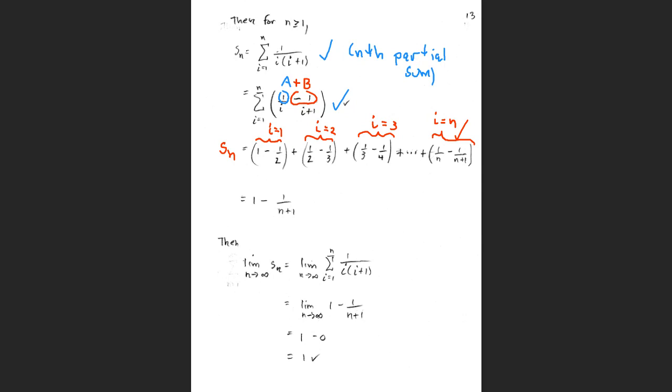All right, well, what seems to happen here? Is there any simplification going on? I mean, if we were just to look at, let's say, S sub 2, S sub 2 is 1 minus a half plus a half minus a third.